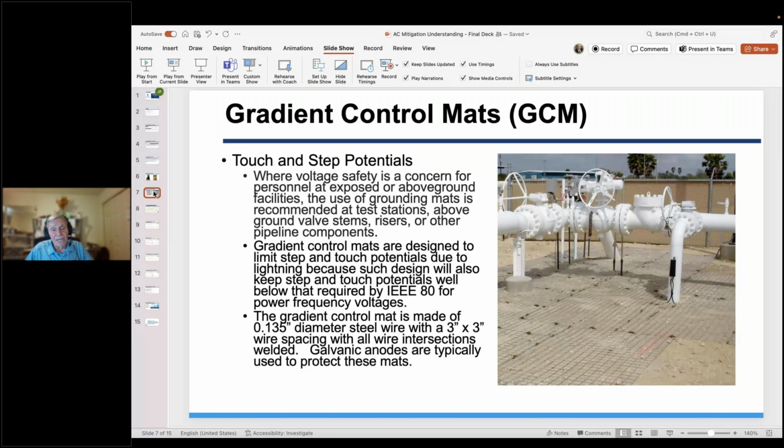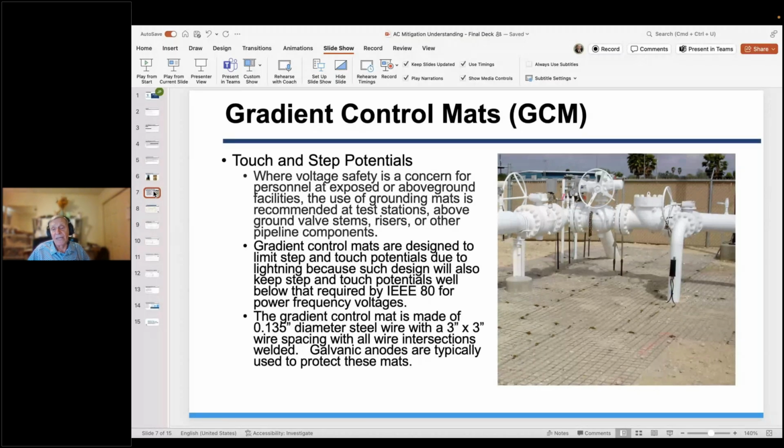So keep in mind that we're dealing with a different animal called IEEE 80, and what we're trying to do is put in these gradient control mats. As you can see, they're a grid type of setup with the decoupler over on the side here. That little black device, and then it'll be backfilled with crushed rock and things of this nature.